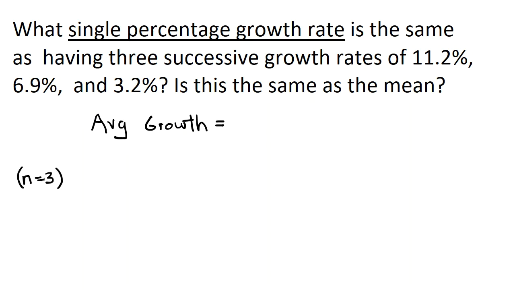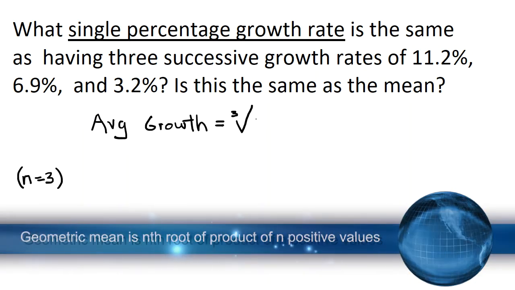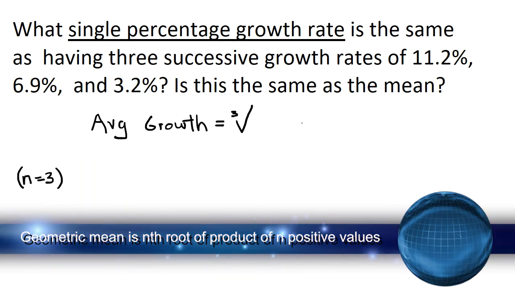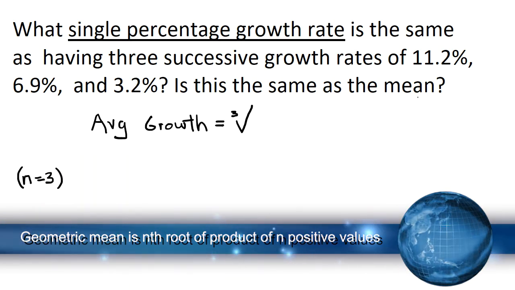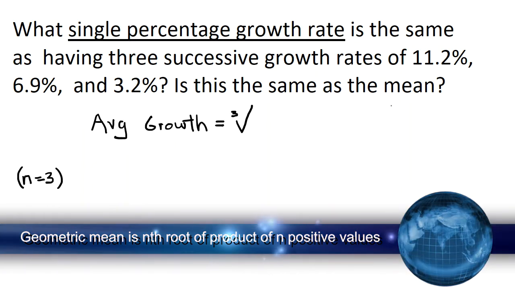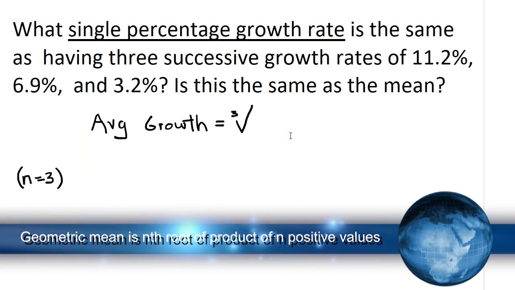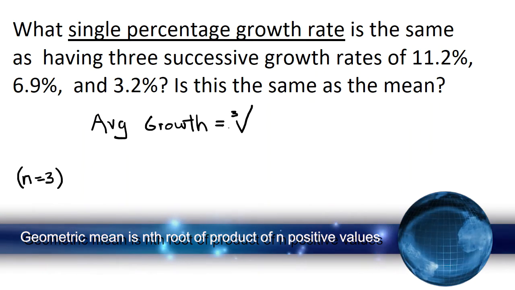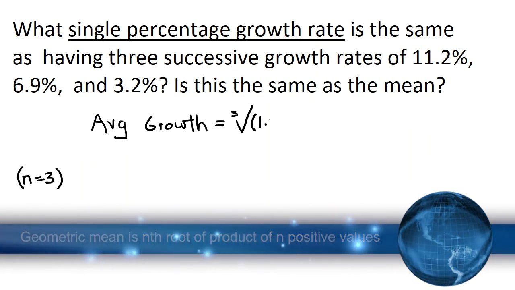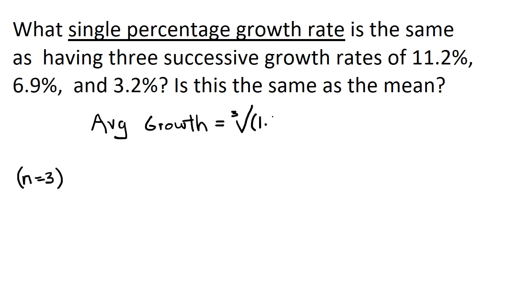I'm going to have to find the geometric mean, and because n equals 3, that's the third root. What I do is I turn 11.2% into a fraction and then add 1. So that is 1.112, and I'm going to multiply that by 6.9 turned into a fraction, divided by 100, add 1, so that's 1.069.